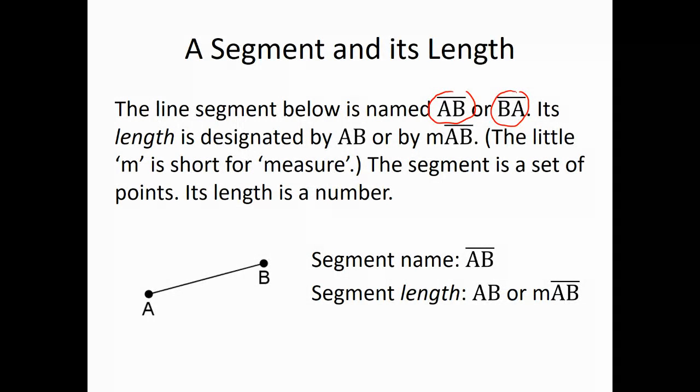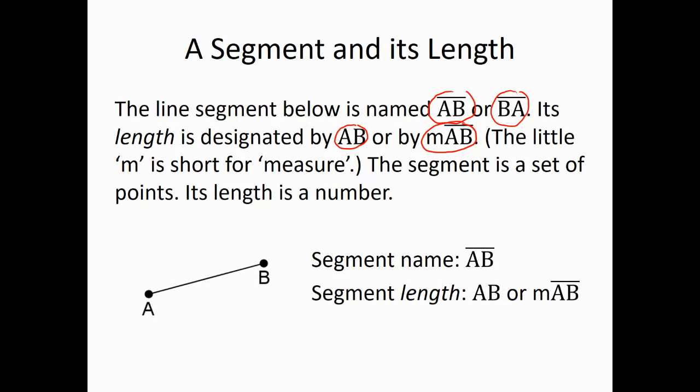If, however, we wish to speak of the length of the line segment, we do not put the line segment symbol on top. So you see simply AB with nothing on top. That designates the length of the line segment. Or if you like, you could put the name of the segment followed by a lowercase m, which is short for measure of the line segment, which is its length.